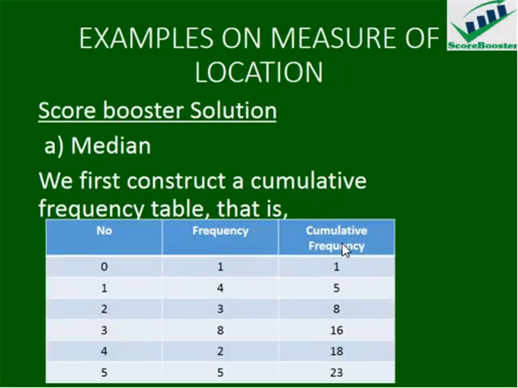These two columns have been given in the question. So the only thing we do here is to obtain the cumulative frequency. By the law of cumulative frequency, the cumulative frequency of the first class or number equals the frequency of that particular class or number. So the cumulative frequency here will be 1, since the frequency of number 0 is 1. To get the cumulative frequency of the second number, you add the cumulative frequency of the first number to the frequency of the second number, which is 1 plus 4, 5.